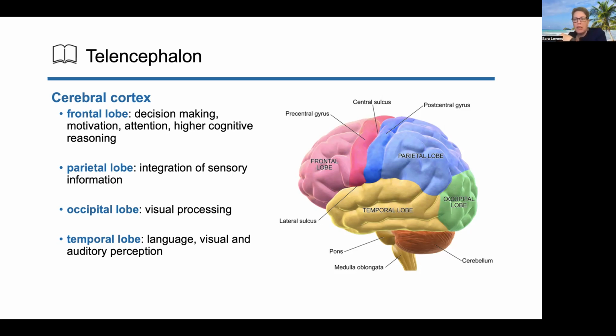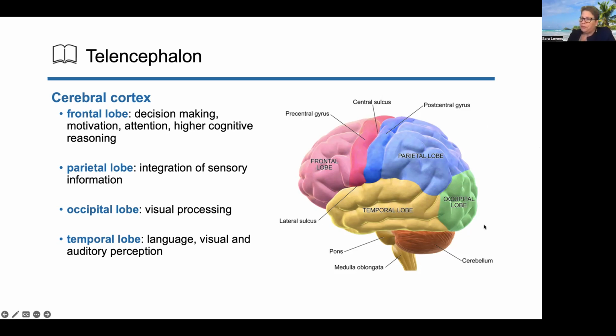If there's damage, then information doesn't get integrated correctly, and that can give rise to brain disorders that are quite unusual in their characteristics, like how you would see the world. One of them is known as neglect, which we'll cover more, and it basically means you neglect one side of space due to damage in your parietal lobe, because it's not able to integrate the sensory information together.